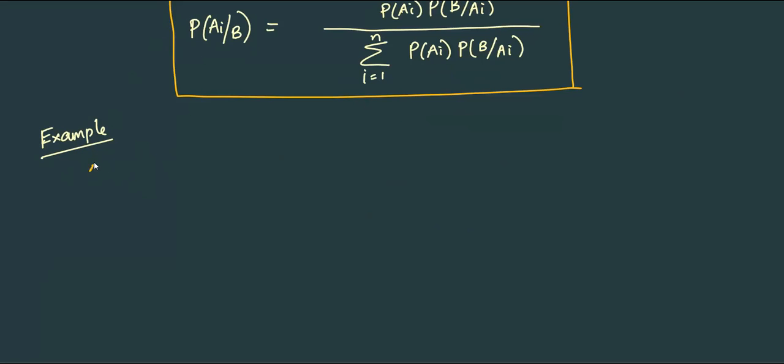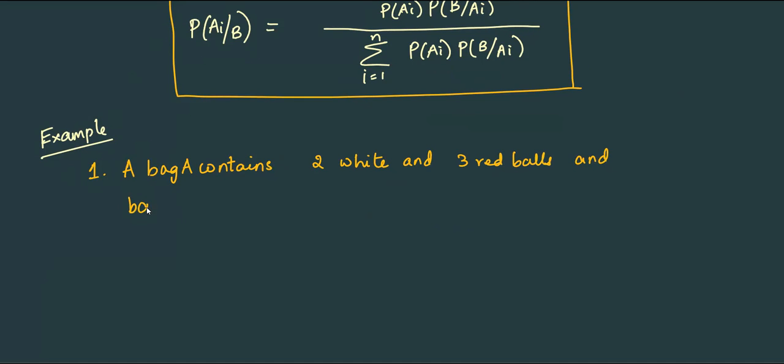Let us do this. A bag A contains 2 white and 3 red balls, and bag B contains 4 white and 5 red balls.